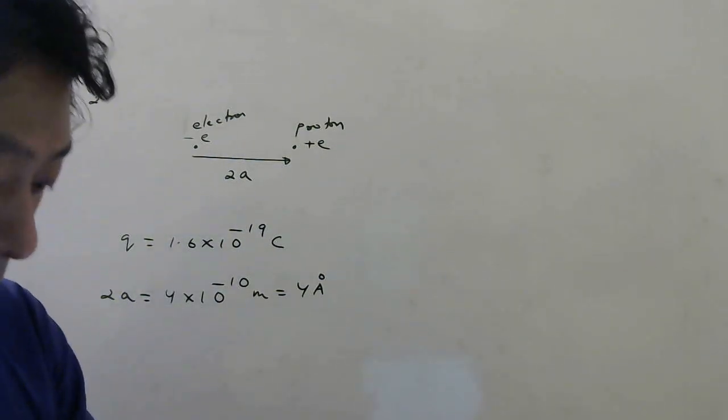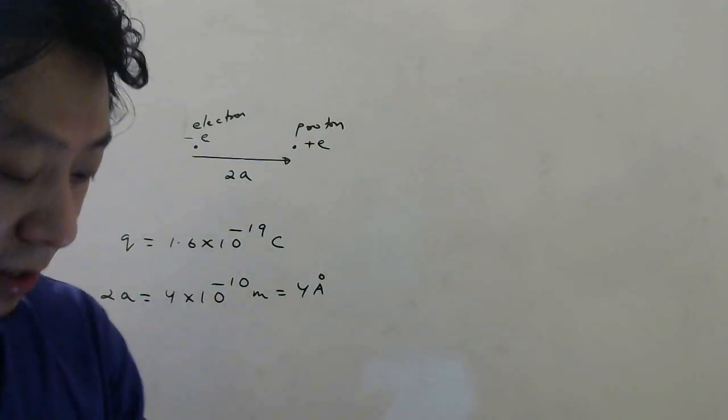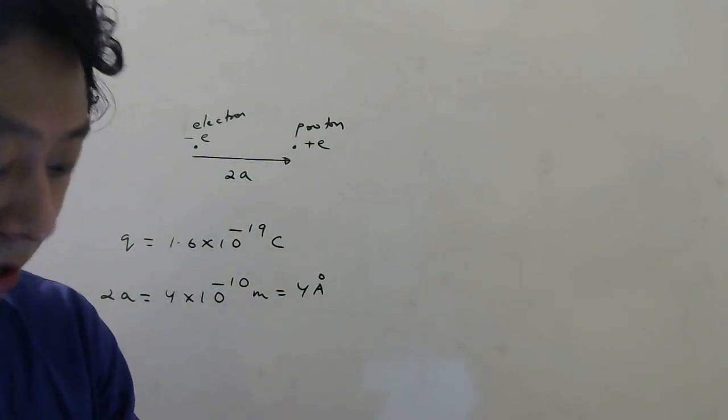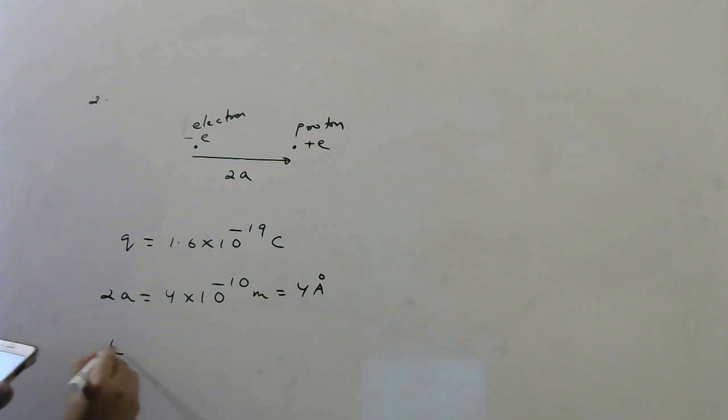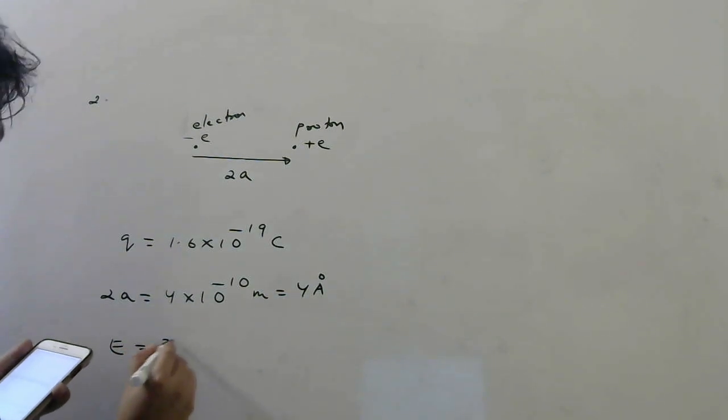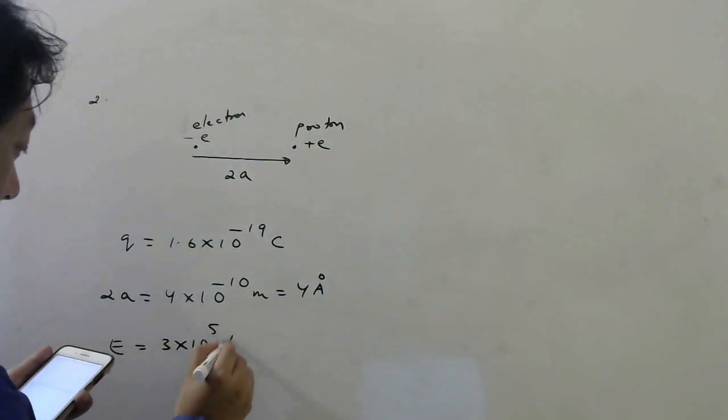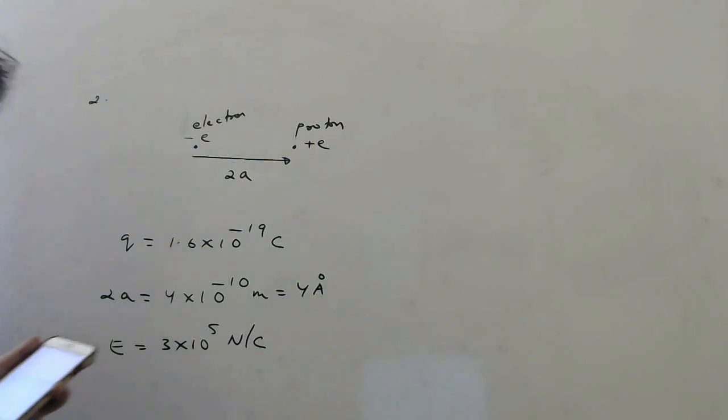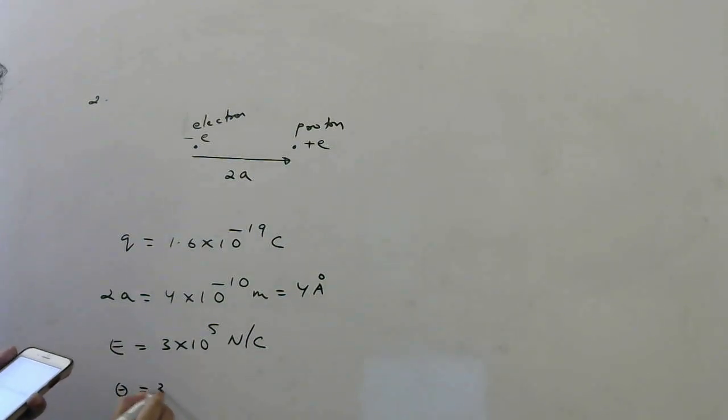Now, this dipole is situated in an electric field, and the value of the electric field is 3 into 10 power 5 Newton per coulomb at an angle 30 degree with the field. That means this dipole is not kept this way.